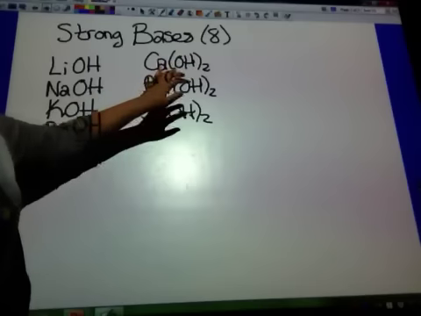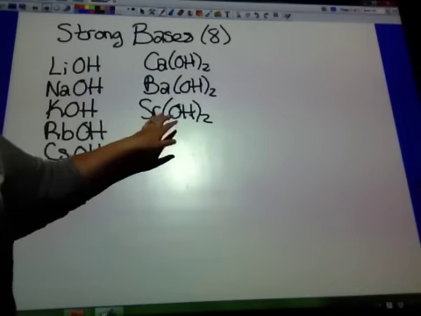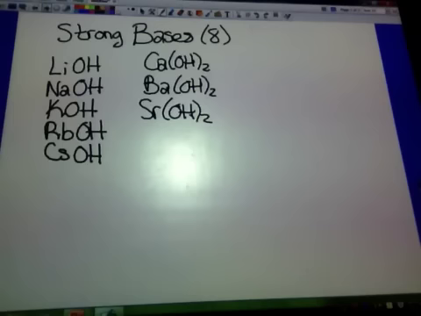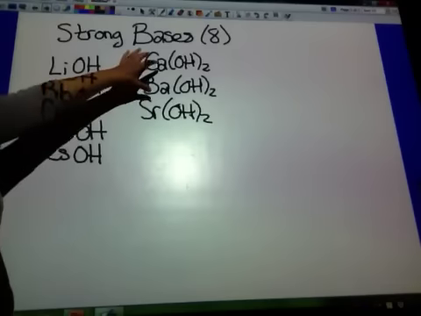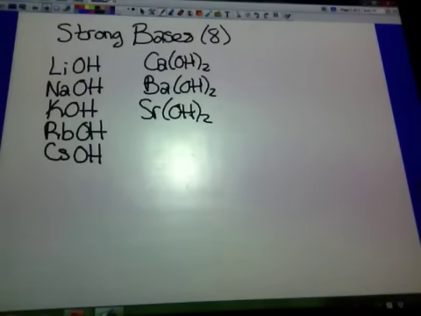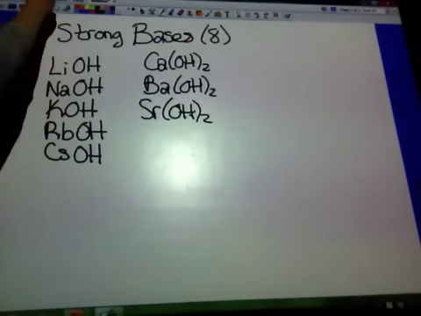So I have calcium hydroxide, barium hydroxide, and strontium hydroxide. All of these 8 strong bases have another big thing in common, and that is that they all end in hydroxide. So my 8 strong bases have hydroxide, 5 of them come from the alkali metals, and 3 of them come from the alkaline earth metals, if that helps a little bit.